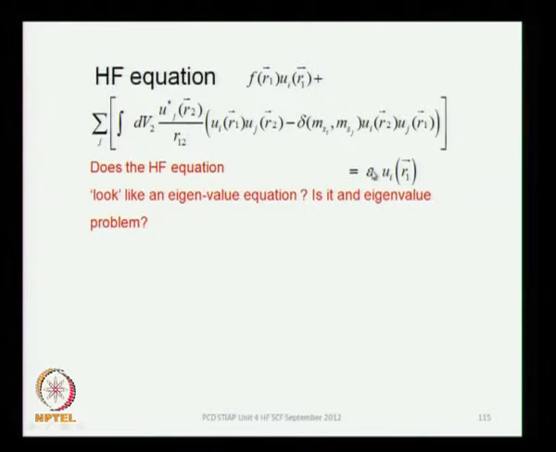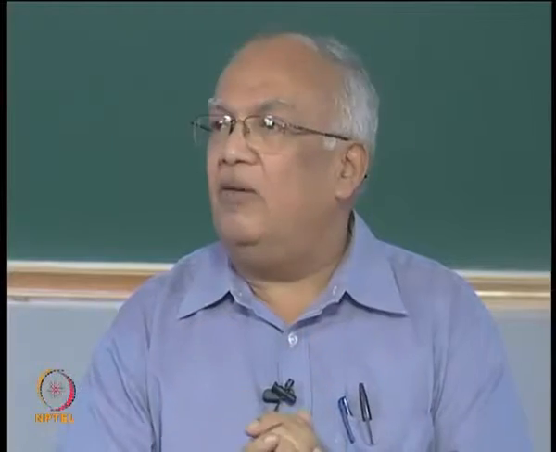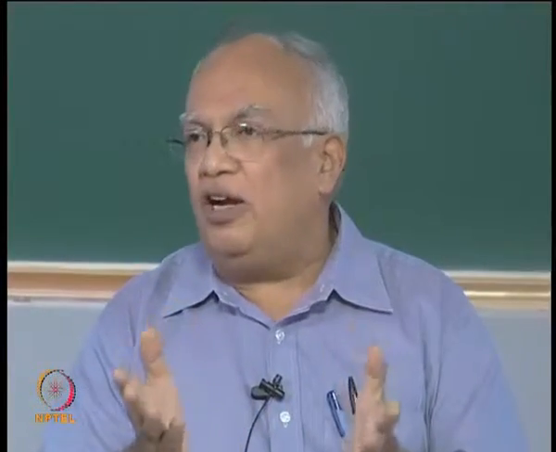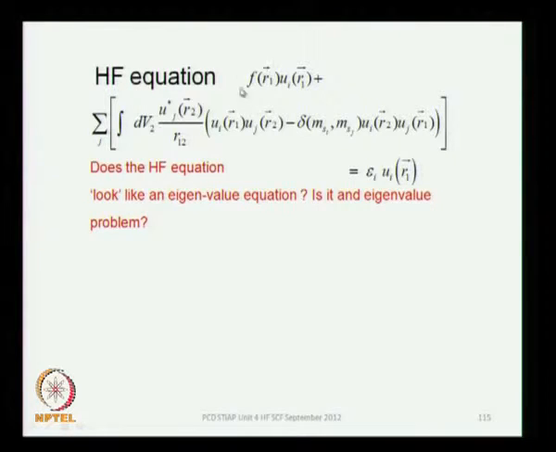We already know that this is energy, it came as the difference of E n minus 1. So, the right hand side looks like the right hand side of a typical Schrodinger equation, H psi equal to E psi. The left hand side is a one electron operator operating on the same function. So, it really looks like an eigenvalue equation.